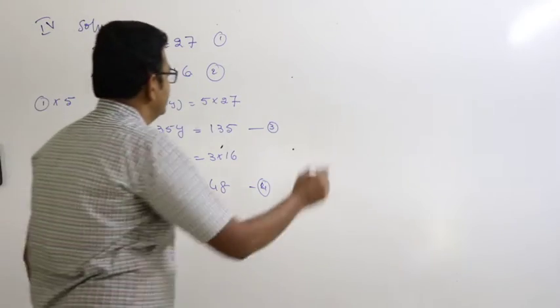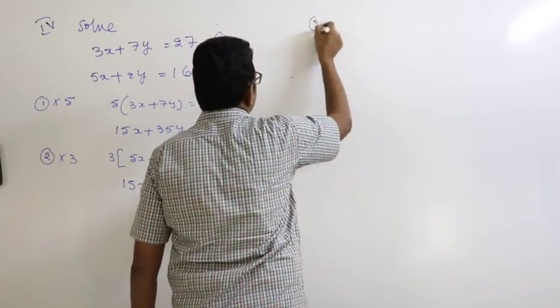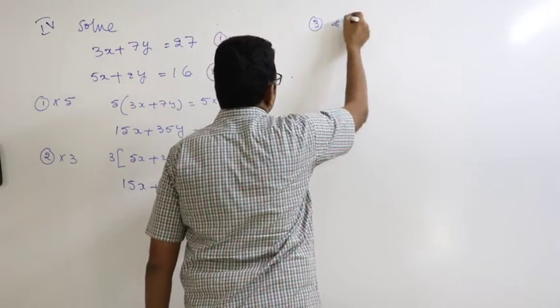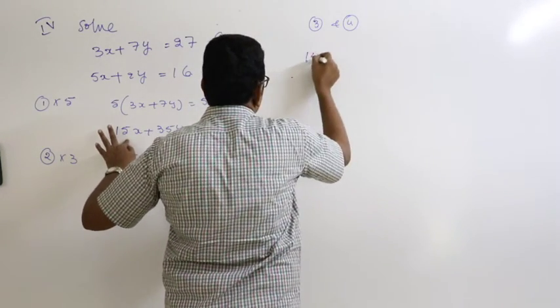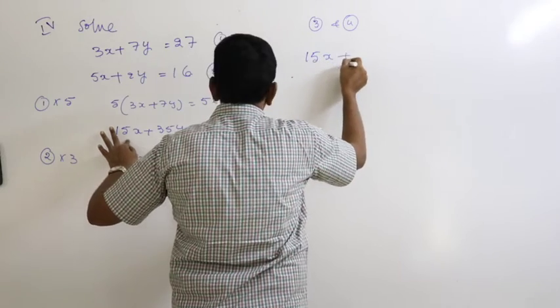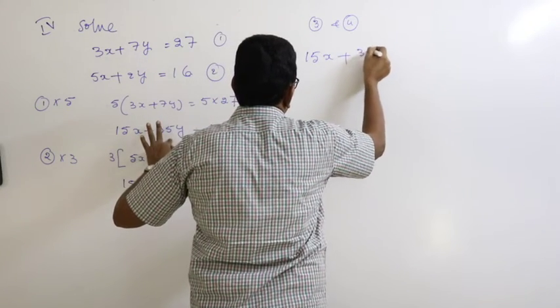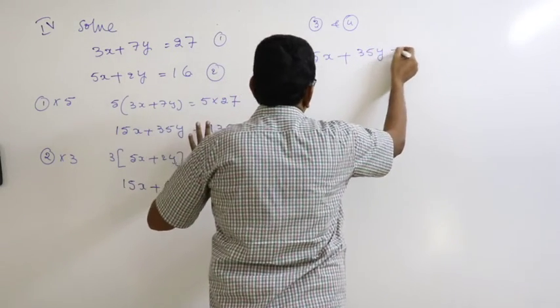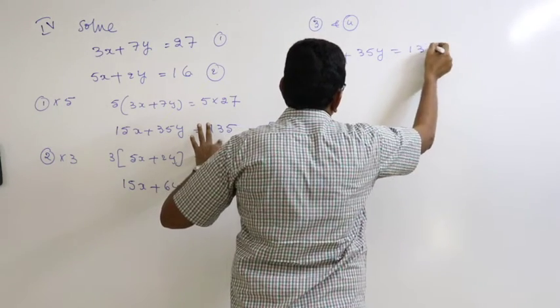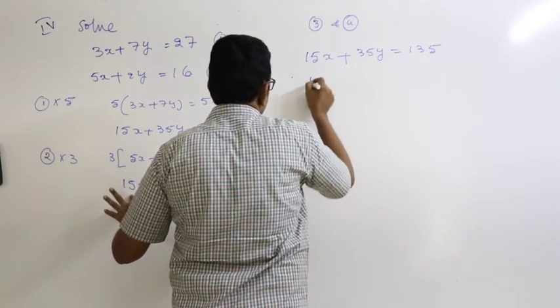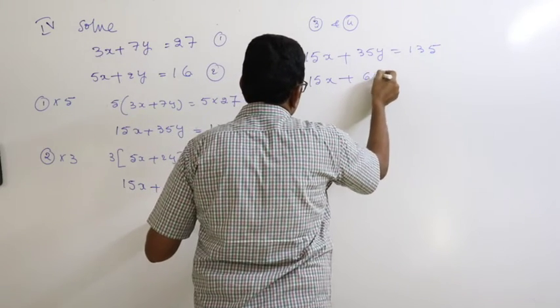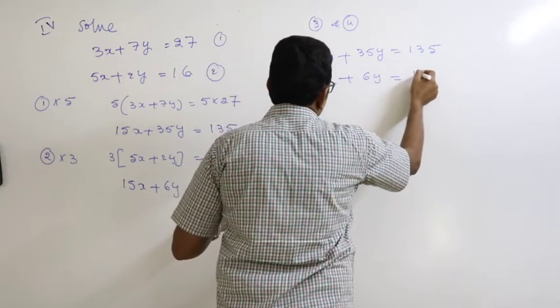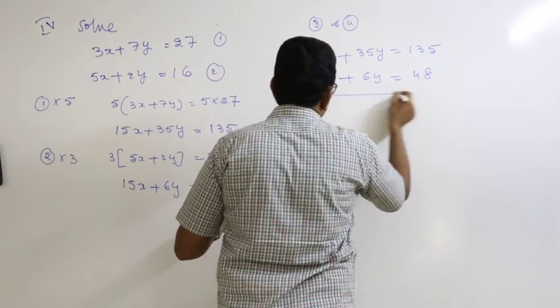Now solving 3 and 4. Third equation is 15x plus 35y is equal to 135. And this is 15x plus 6y is equal to 48.